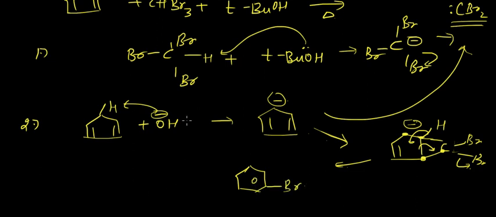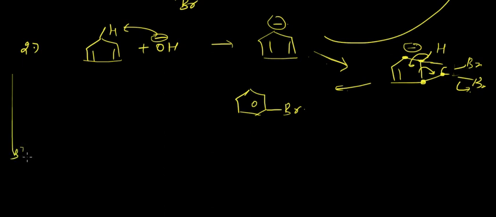Okay, let's see another example. So we have something like, again, a ring with two alternate double bonds, or rather two double bonds.